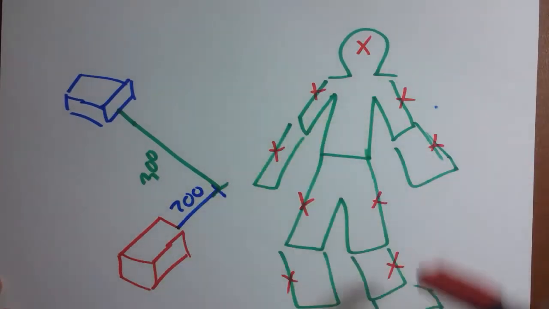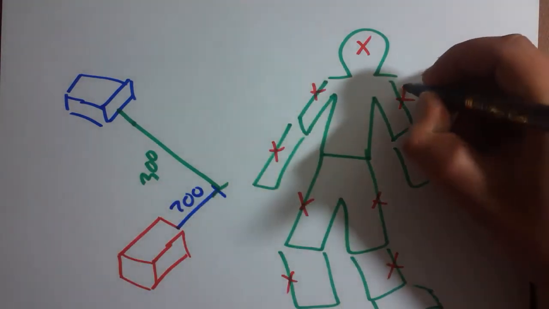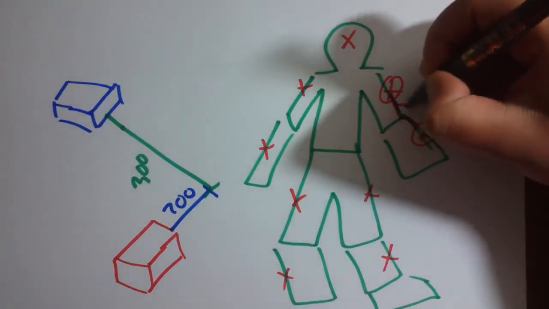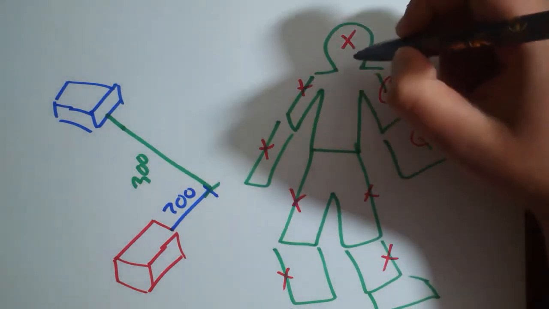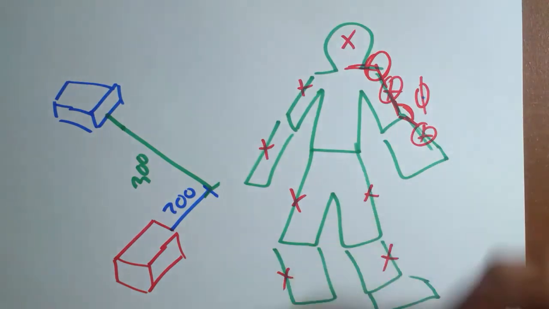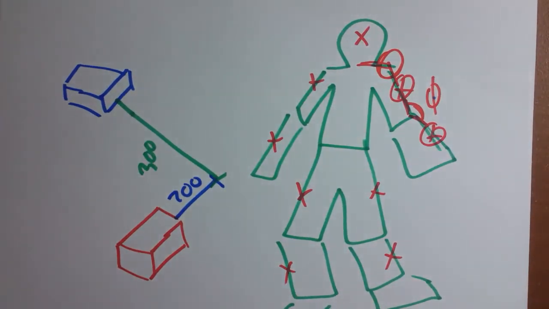If I put a sensor in each of these segments, and I know the position of this one and this one, then I can know the angle between these two. And if I know the position of this one and this one, I can know the relationship for this, and so on. What is the main purpose? The main purpose is to understand what the robot is feeling, how the robot is positioned in time.